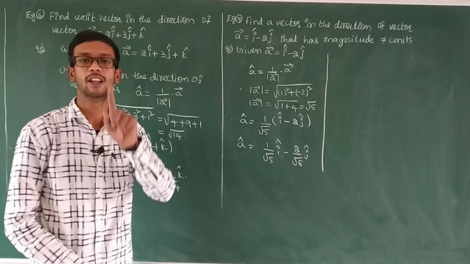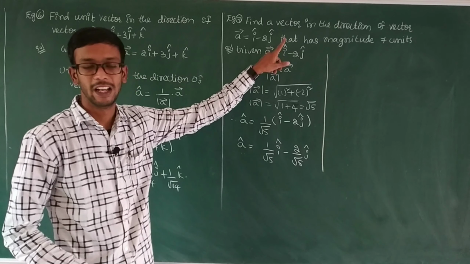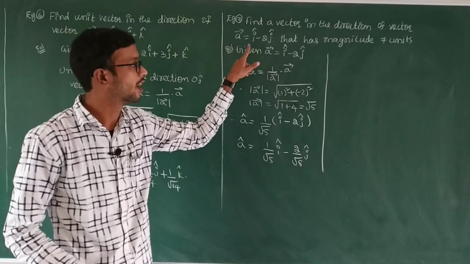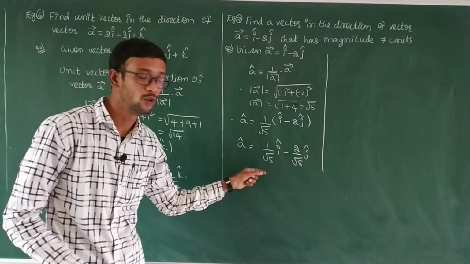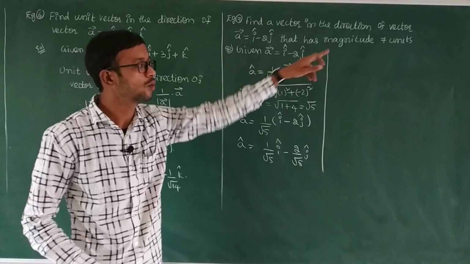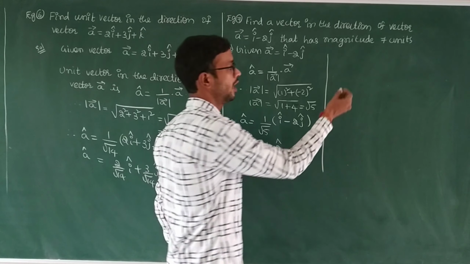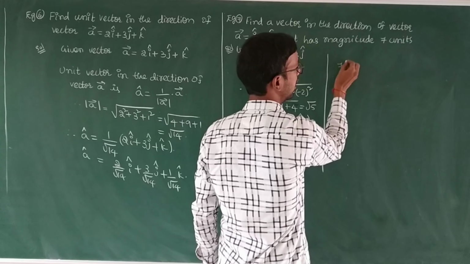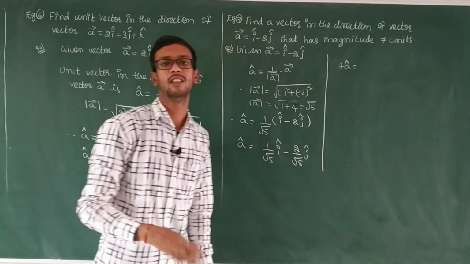So this is a unit vector in the direction of the given vector. Its magnitude is 1 unit, and we need magnitude 7 units, so I multiply by 7. So 7 a cap is equal to 7 into 1 by root 5 i cap minus 2 by root 5 j cap.